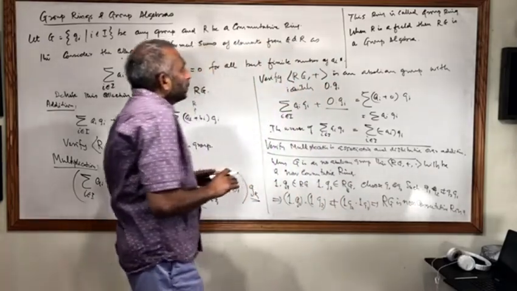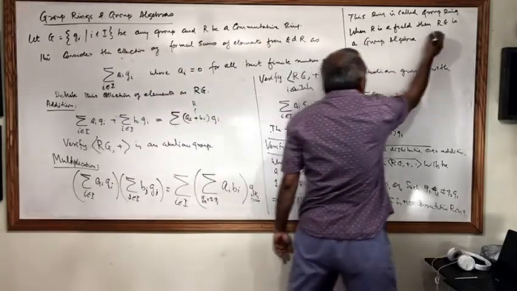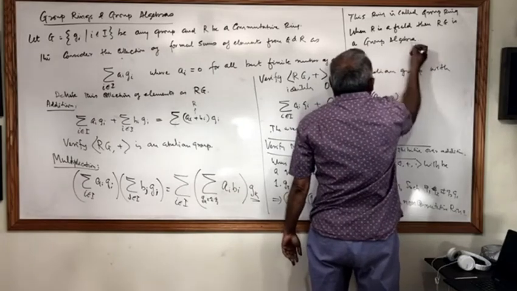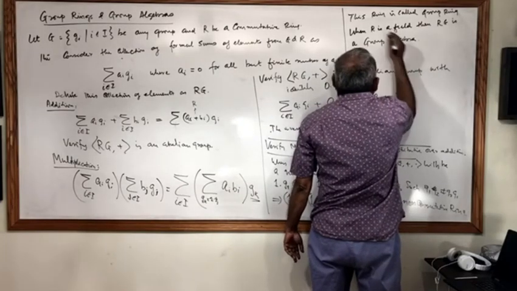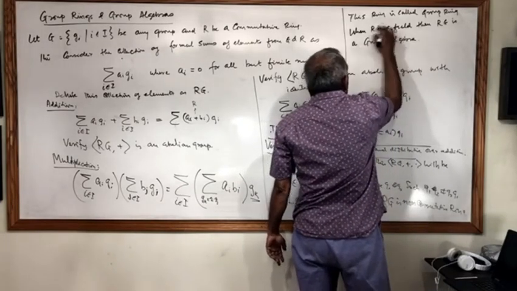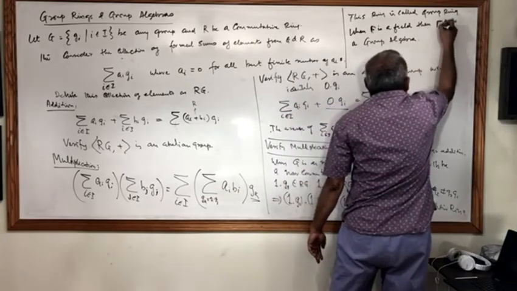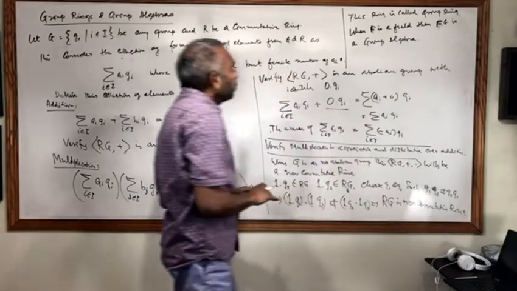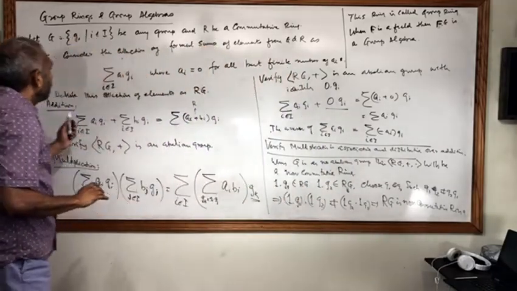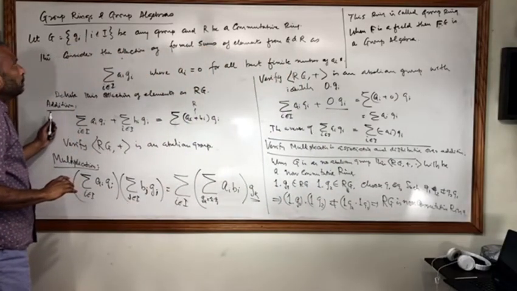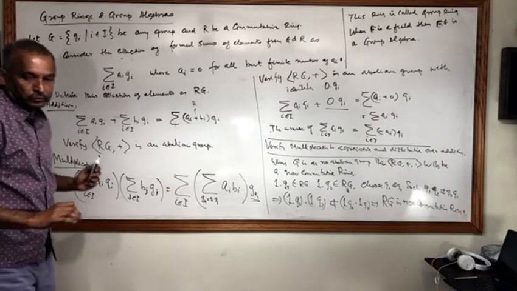Normally, when F is a field, FG is called a group algebra. So this is an example of a non-commutative ring.